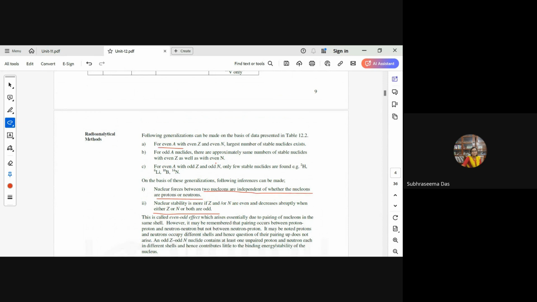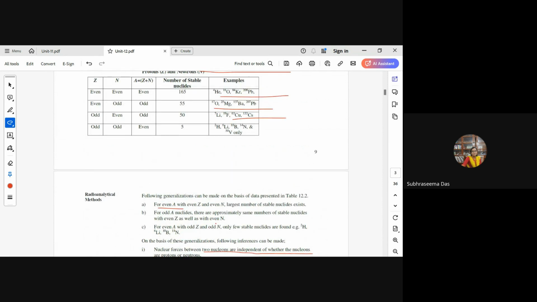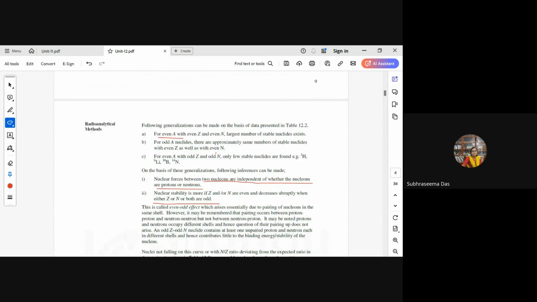The odd-even effect indicates that the nuclear forces between two nucleons do not depend on whether they are protons or neutrons, and nuclear stability is more if Z and/or N are even, and if either Z or N is odd, then the nuclear stability decreases.